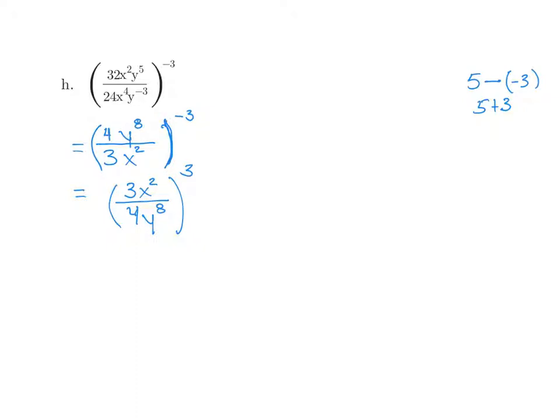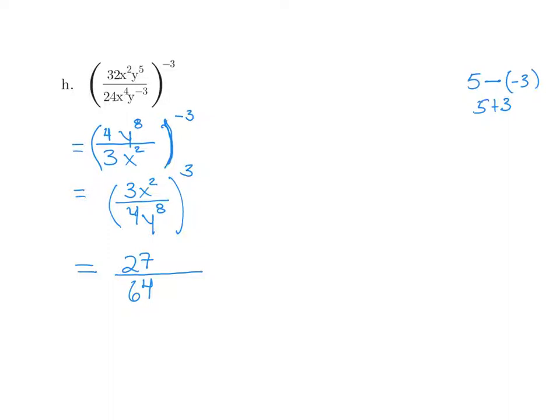And finally, my last step is to go ahead and distribute, in quotations, the cube to everything inside. So 3 cubed is 27. 4 cubed is 64. And then now remember that since we did the exponent to the number, I want to back off.